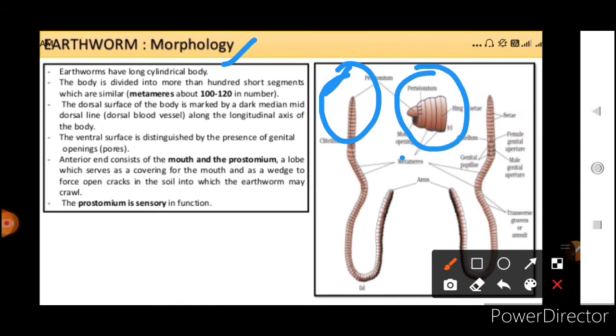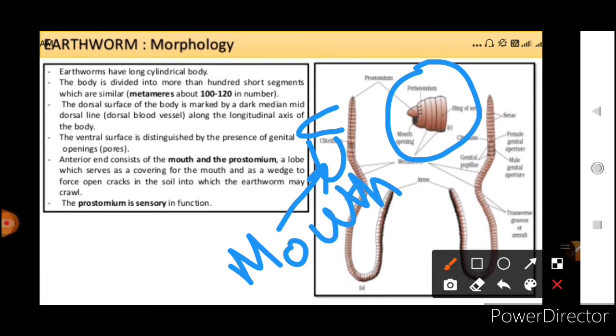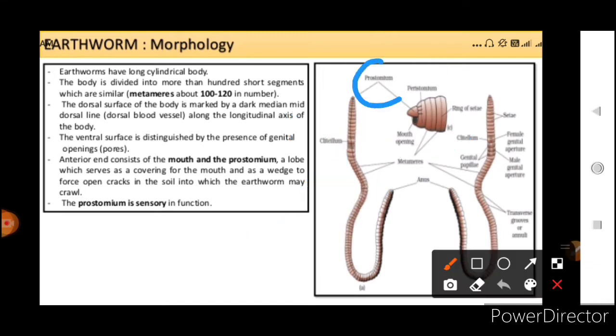The prostomium is a lobe which serves as a covering for the mouth and as a wedge to force open cracks in the soil into which the earthworm may crawl. The prostomium is sensory in function. In this diagram you can see a flap-like structure, and here is the mouth opening. This flap-like structure is nothing but the prostomium.